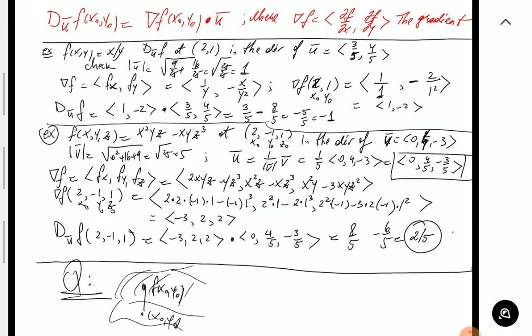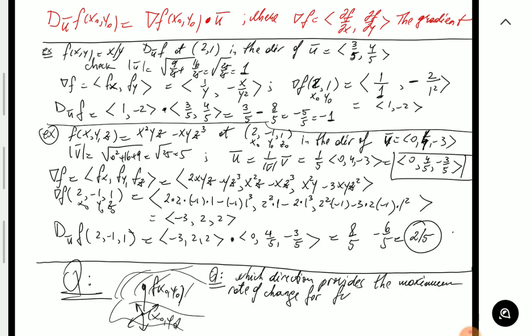Now we can compute the directional derivative if we move in any direction we want in the domain. But here's a question. Which direction provides the maximum rate of change for the function f of x, y, or f of x, y, z in general?